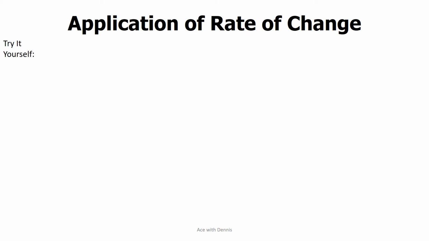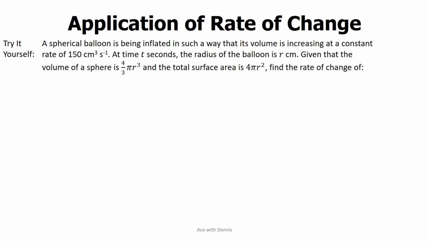Now you can try this example yourself. A spherical balloon is being inflated in such a way that its volume is increasing at a constant rate of 150 cm cubed per second. At time t seconds, the radius of the balloon is r cm.